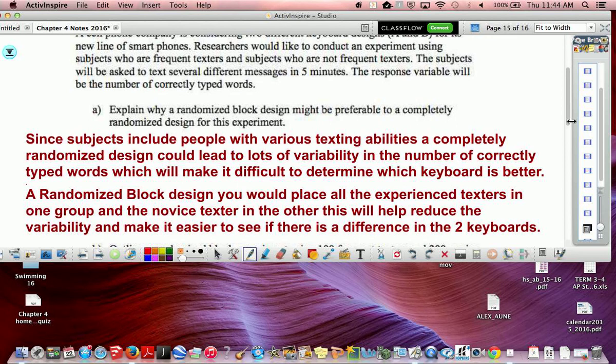So the first part here is talking about their texting abilities. Since people have various texting abilities, in the completely randomized design you have a lot of different texting abilities, and that's going to cause more variability, and it's going to be very difficult for you to determine which keyboard is actually better.